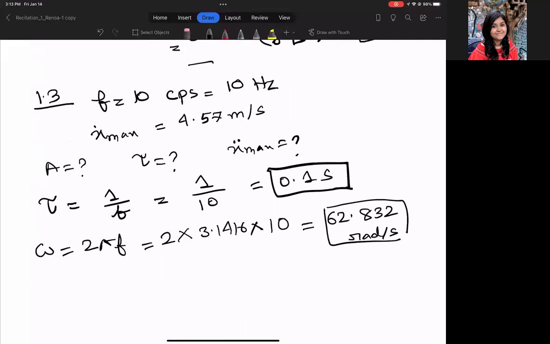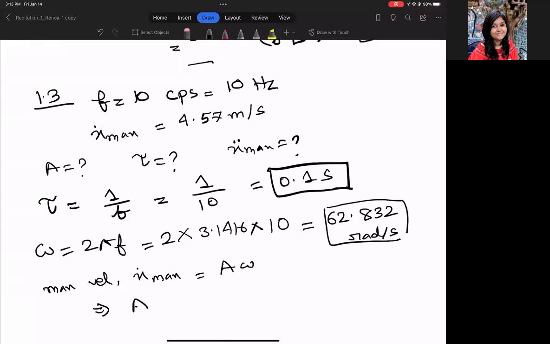Next, we're going to find the value of amplitude. We know that the max velocity x naught max is equal to a omega.